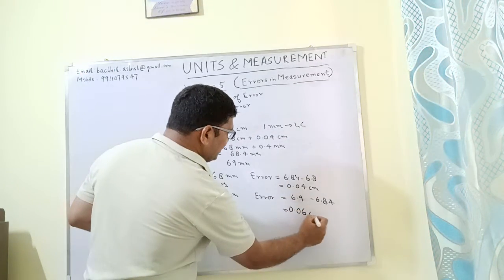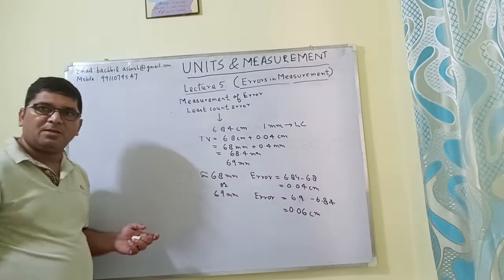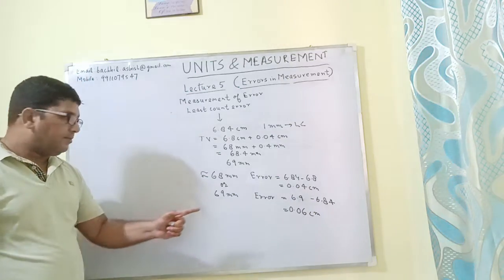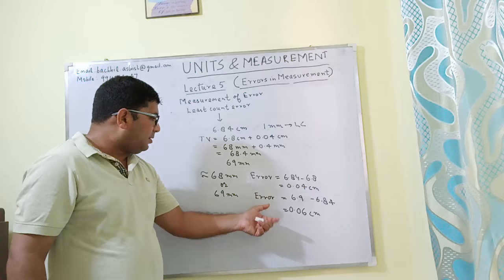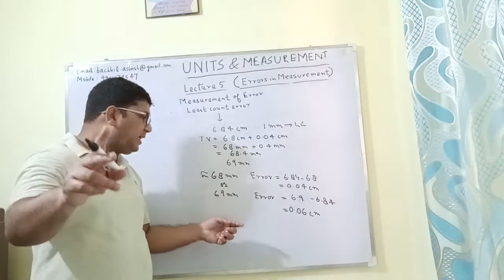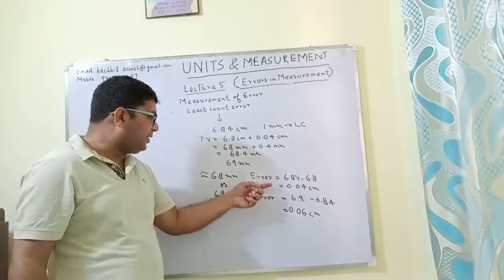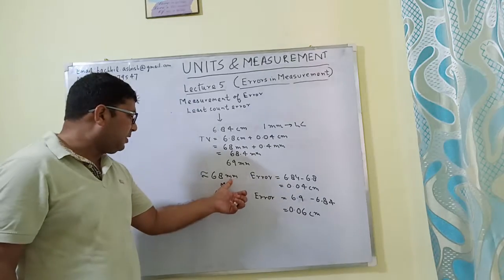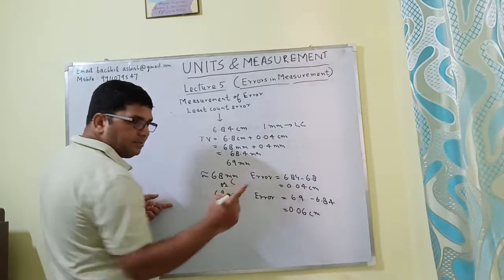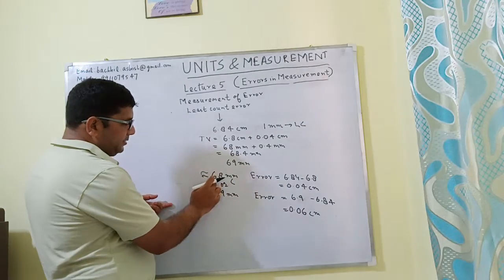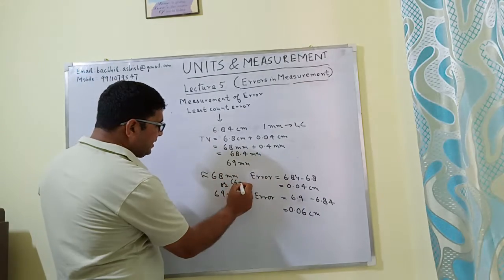0.0 centimeter. Okay, so we can get two errors. One error is when I say that this value is 6.8 centimeter.